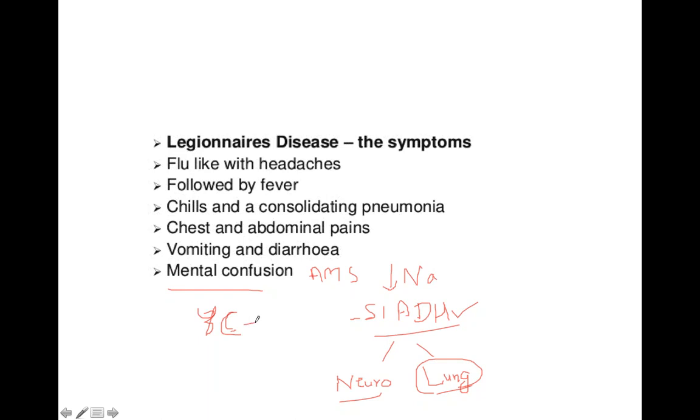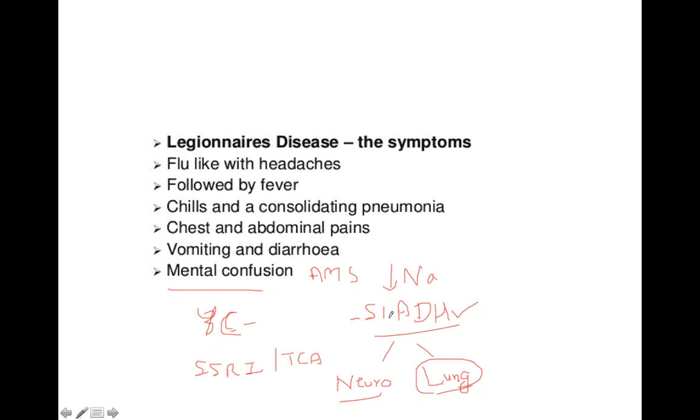These are the drugs which cause SIADH. SSRIs and TCAs can also cause SIADH. So mainly in case of pneumonia, it's Legionella pneumonia that causes SIADH.